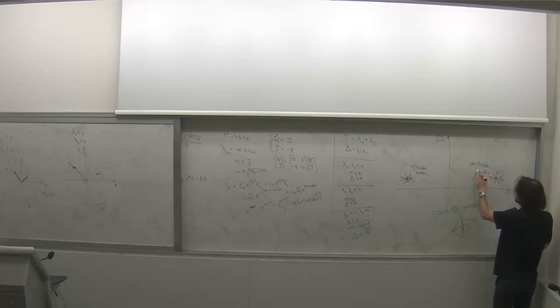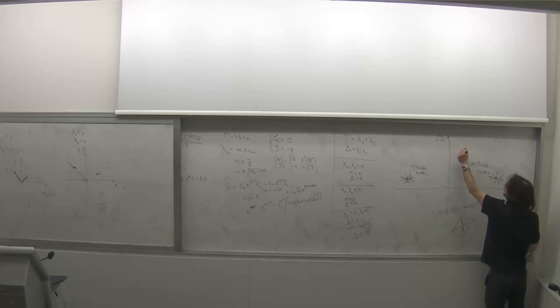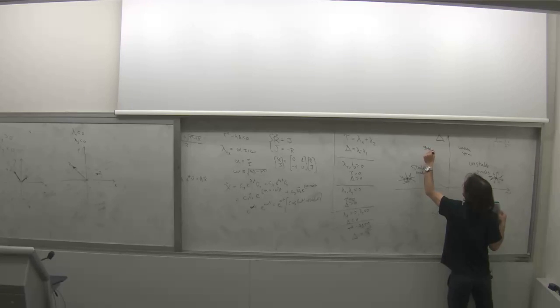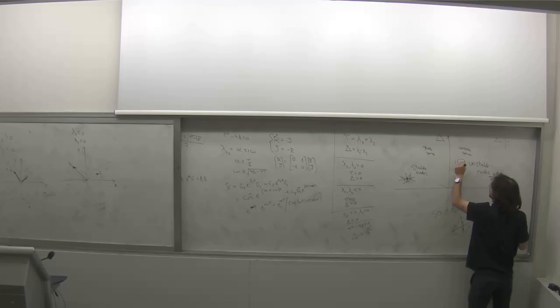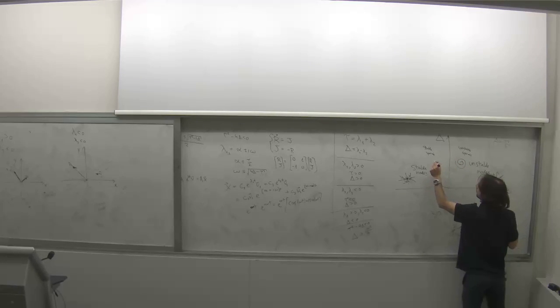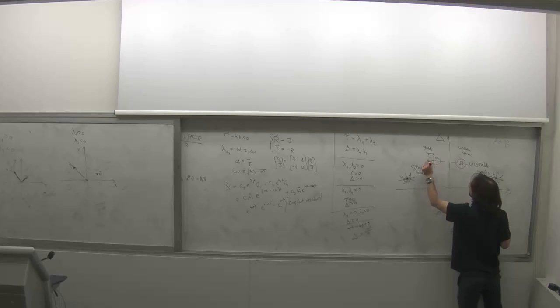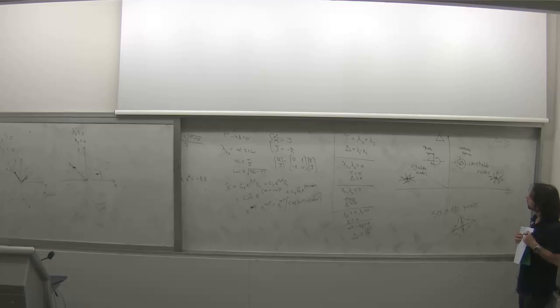They will be unstable if they belong to this quadrant. Unstable spirals. And they will be stable if they are here. And this is a general classification.